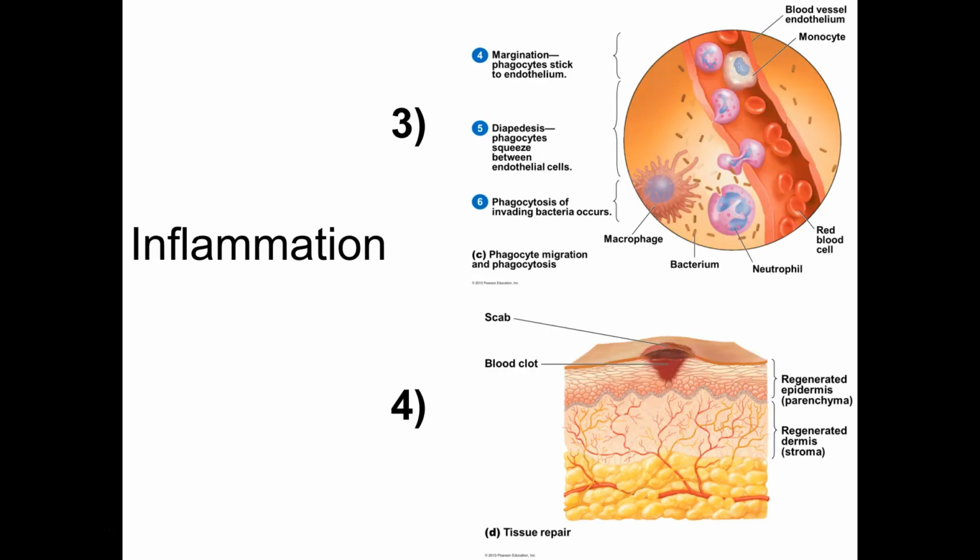All right, so step 3 is where things get complex. Pro-inflammatory chemicals like histamine or tumor necrosis factor will bind to your blood vessels, and they will cause those blood vessels to dilate, to effectively crack open.